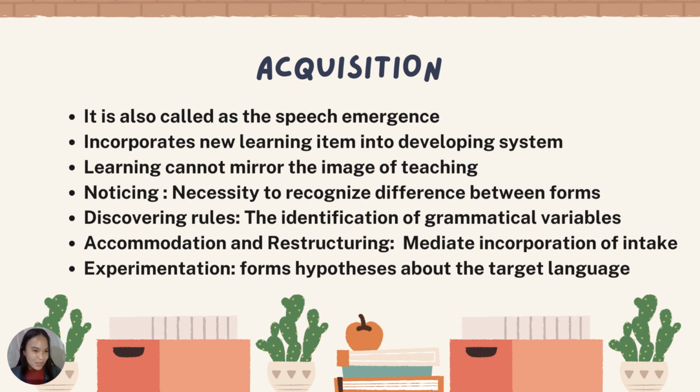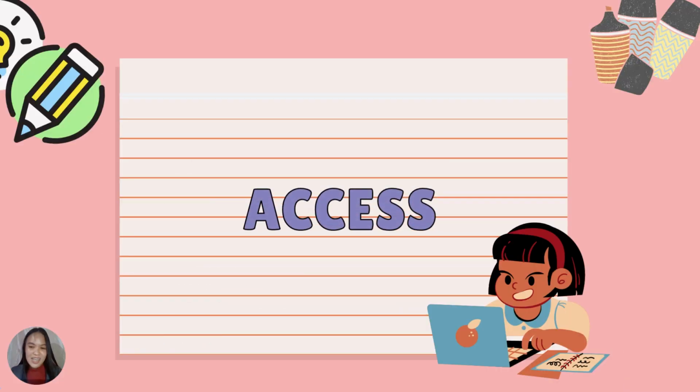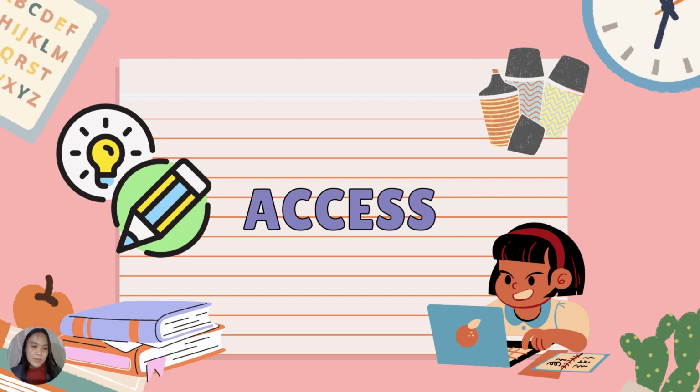So, now let's move on to the fourth stage. And in here, through understanding the input, and acquiring a certain structure in grammar or a certain comprehension or understanding, we language learners now have the access.